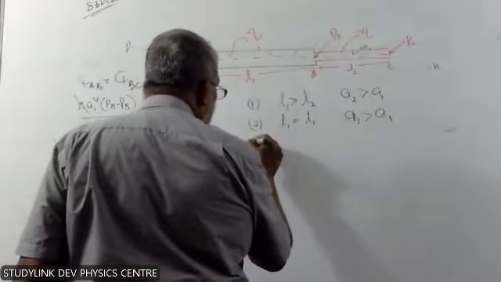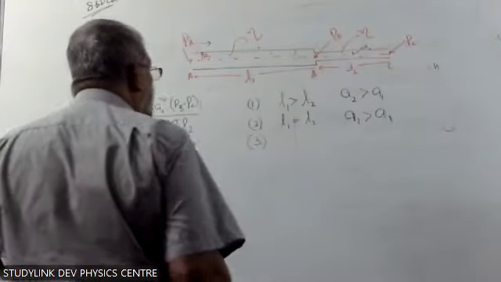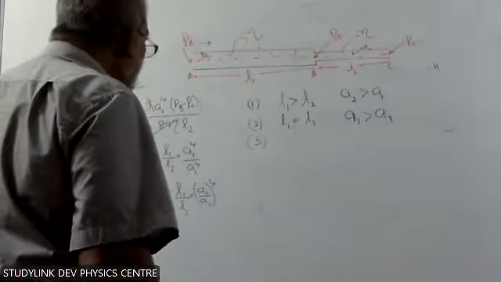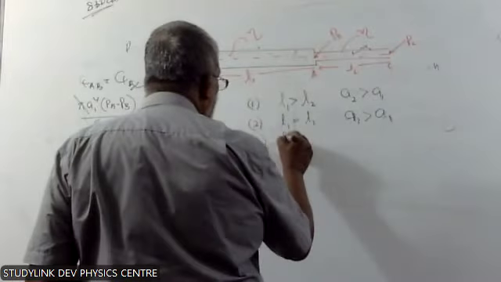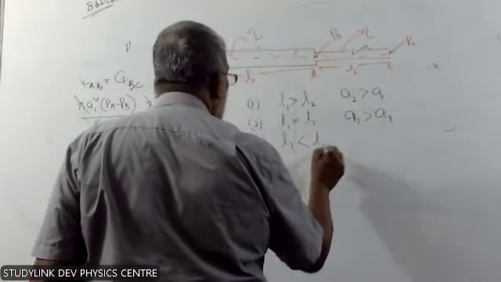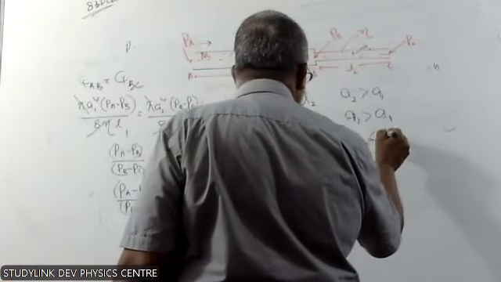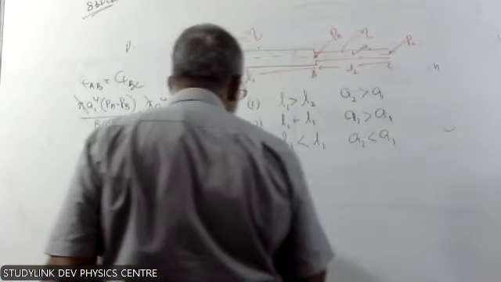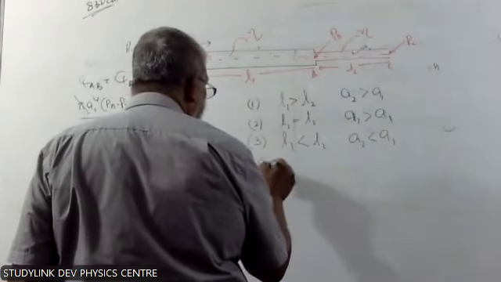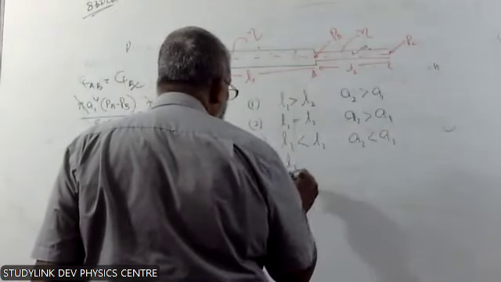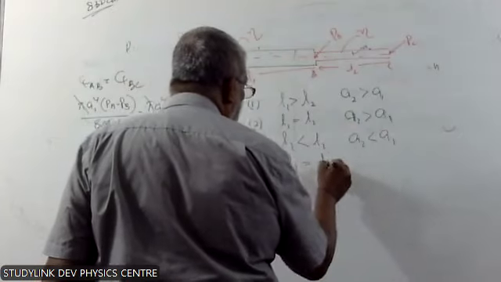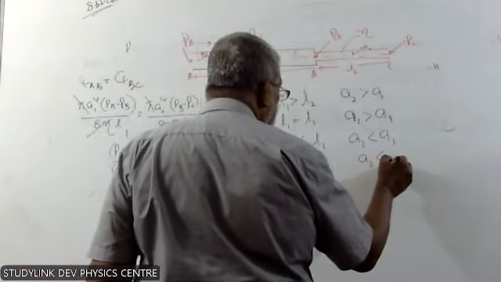Third one, L1 is less than L2 and A2 is less than A1. Fourth one, L1 is equal to L2, A2 is less than A1.